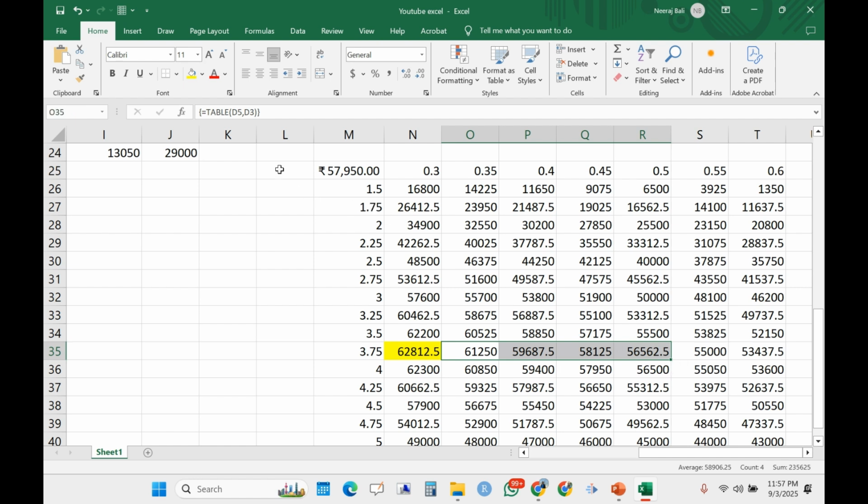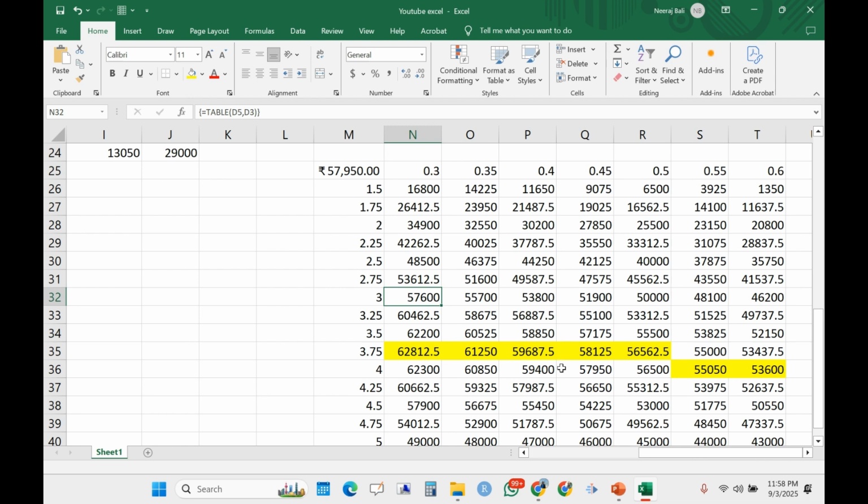Okay. But here at 3.75 and 0.55 cost, highest is here. And again, highest is here. Can you see that?